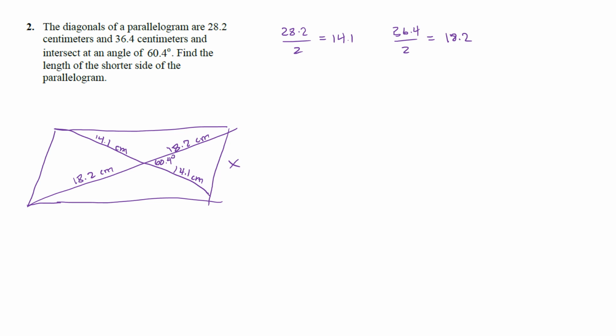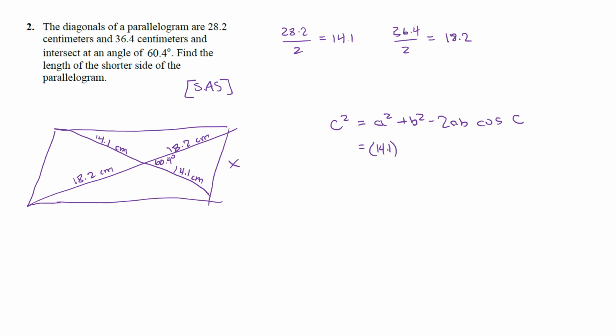And then that would give me a triangle that has an SAS, or side angle side, which will allow me to utilize the law of cosines to solve for my missing side. So we'll give that side C, and we know C squared is A squared plus B squared minus 2AB times the cosine of angle C. So we'll substitute in our values.